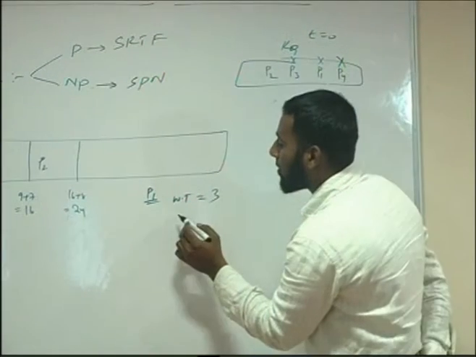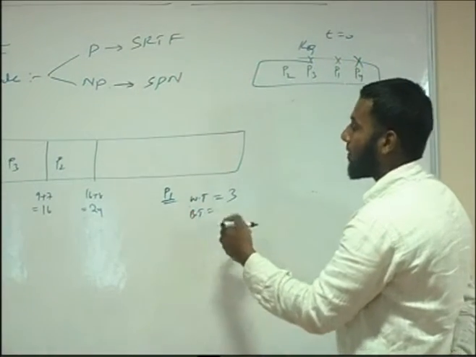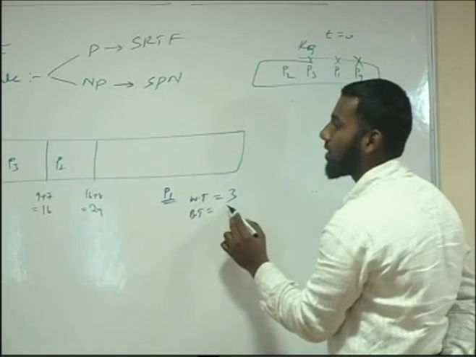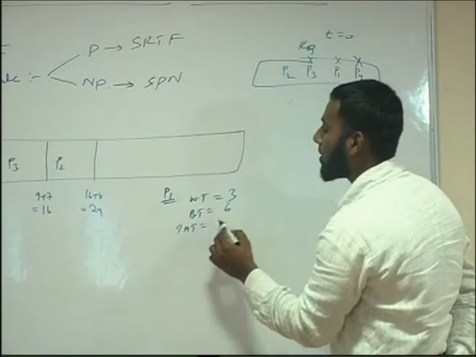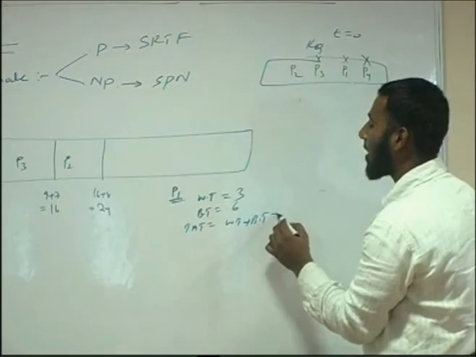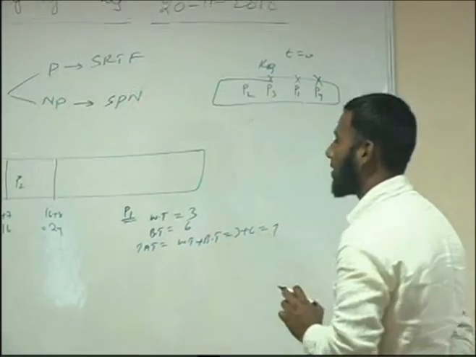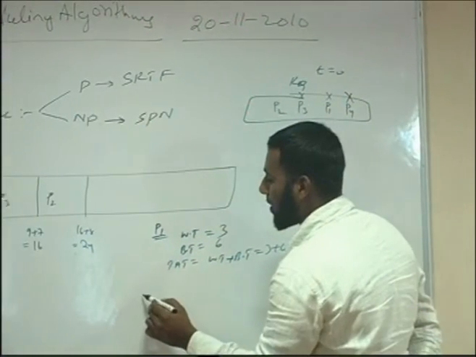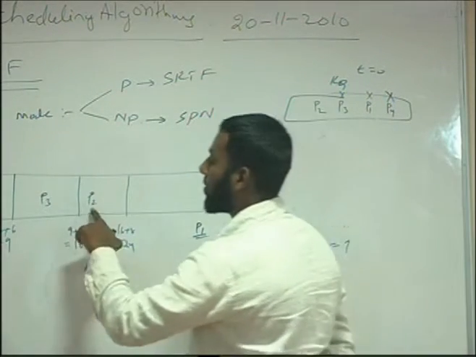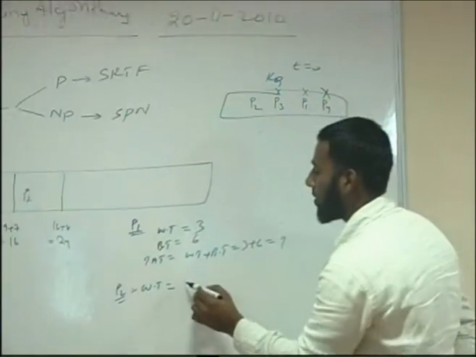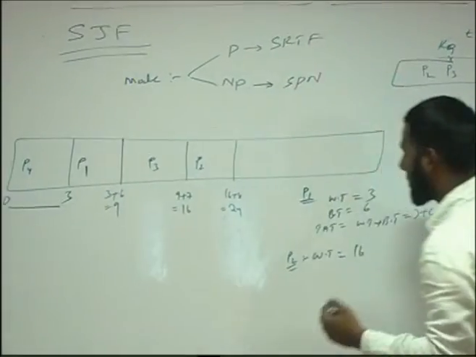Next, what is the burst time for this process? For process P1, the burst time is 6. So turnaround time is nothing but waiting time plus burst time, which is 3 plus 6, equal to 9. Similarly, for process P2, the waiting time is 16. This is the finishing time minus the starting time, and the starting time is 0.